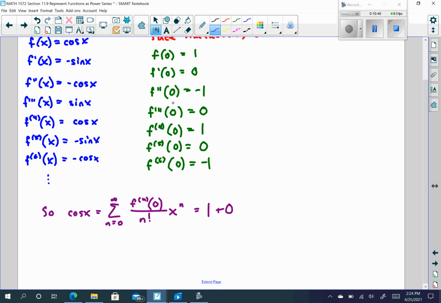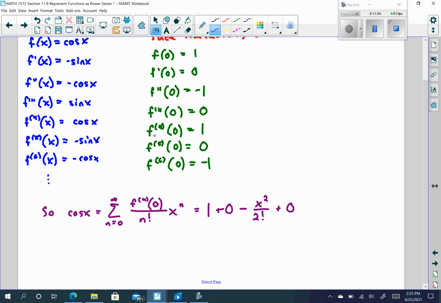When n is equal to 2, we're taking our second derivative, so this numerator is a negative 1, so we'll have a minus. Pretty much negative 1 over 2 factorial times x squared, so we'll get a minus x squared over 2 factorial. The next one we're going to have a plus 0, so we're at the third.